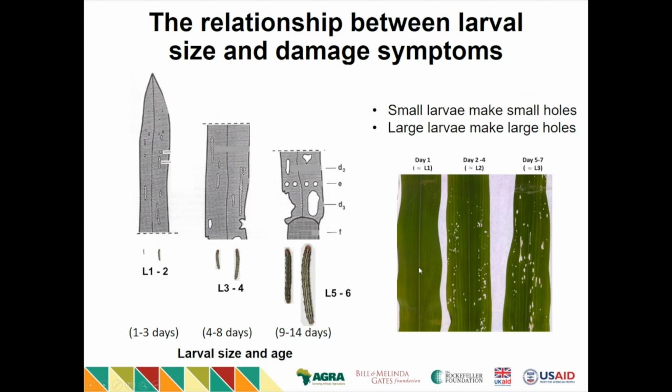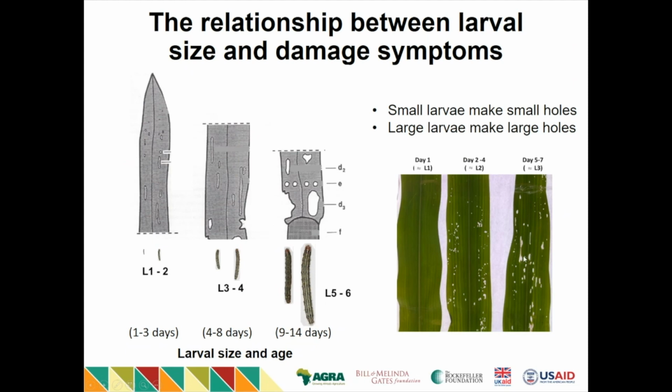And I took this photo over several days. If you look at this one, you can see small holes in the leaves, pinholes. These larvae were 24 hours old when they made these damage symptoms. And 2 to 4 day old larvae cause this type of symptoms, and then 7 day old larvae cause this type of symptoms.